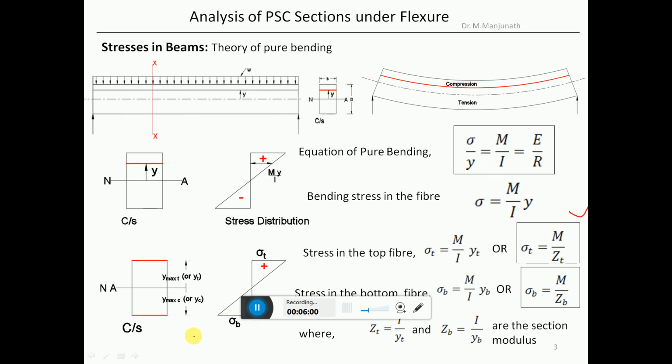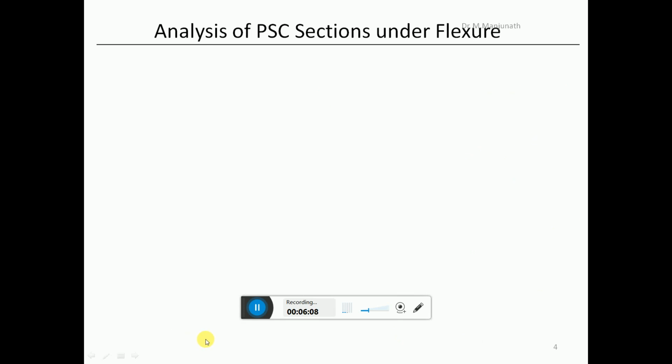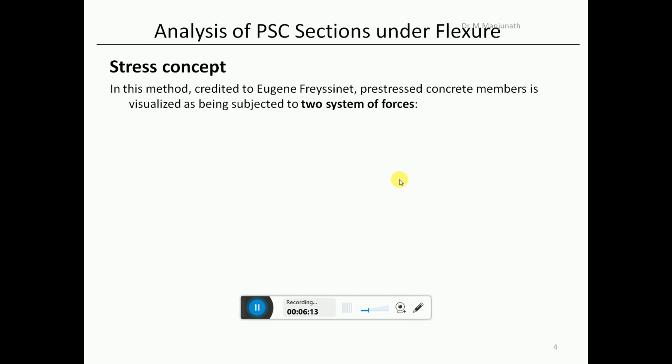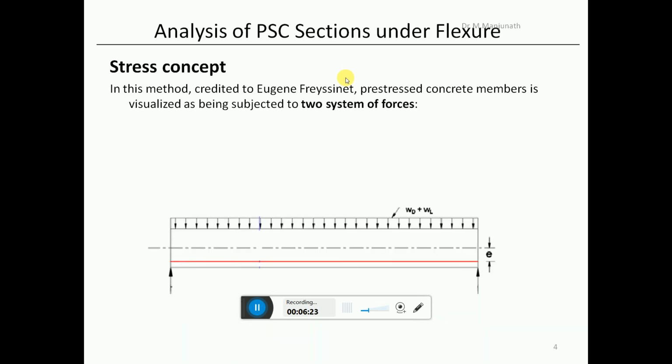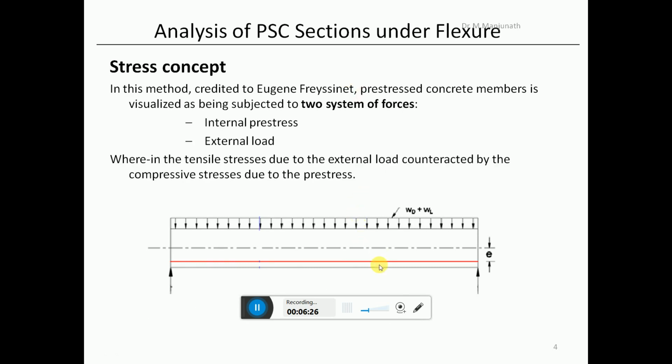So with this background of obtaining the stresses in a beam, now we can move into understanding the stress concept. In this stress concept, which was developed by Freyssinet, a PSC beam is considered here, and the pre-stress is considered as a force in addition to the external force.